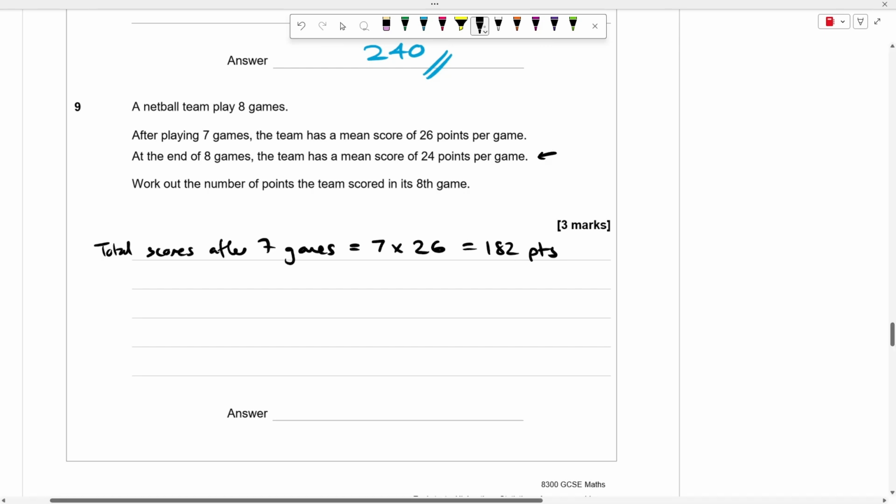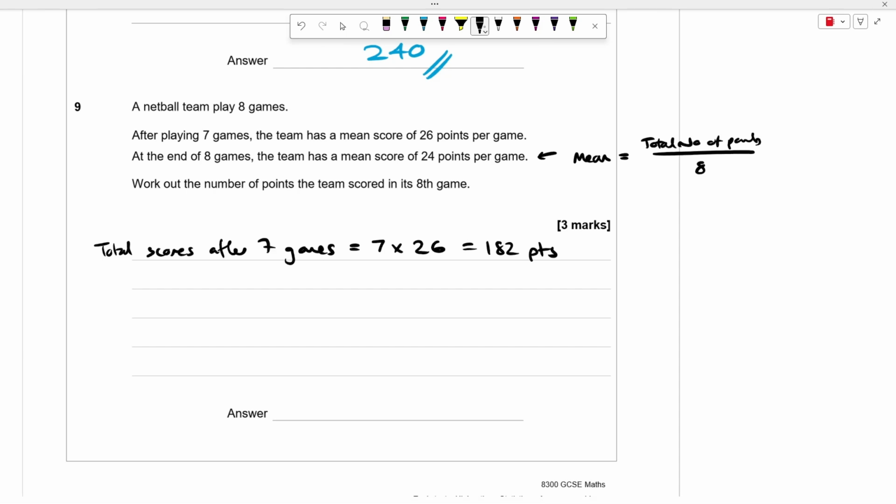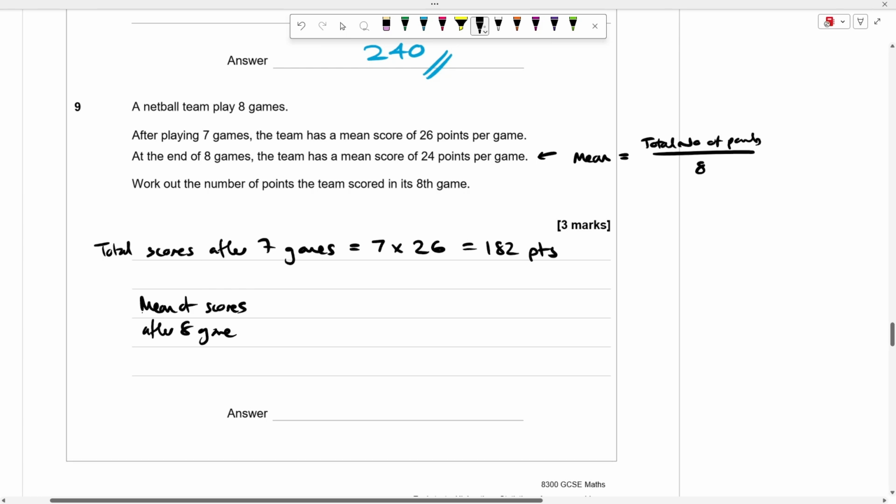So the mean of scores after 8 games is equal to the total score divided by 8.